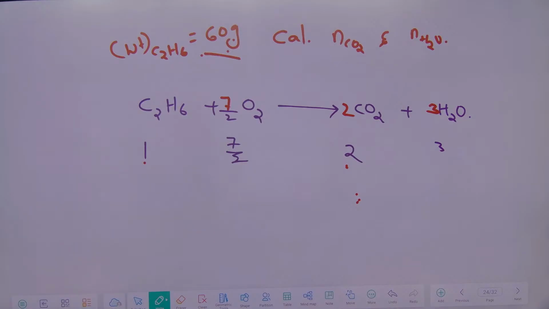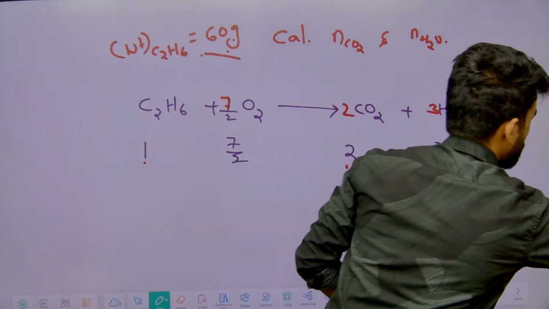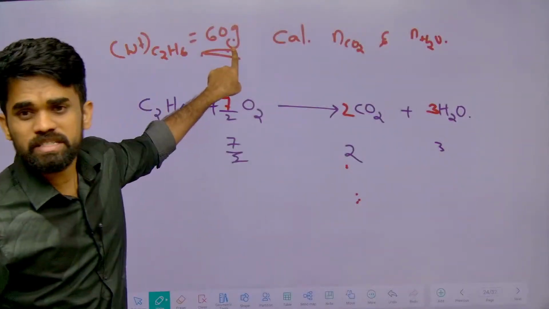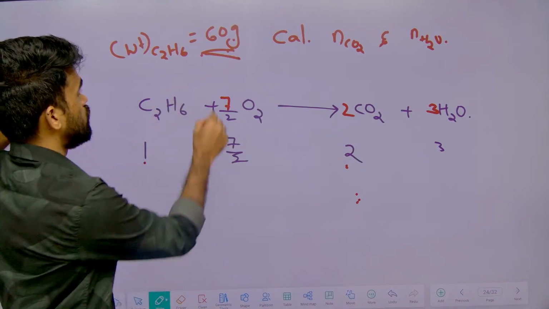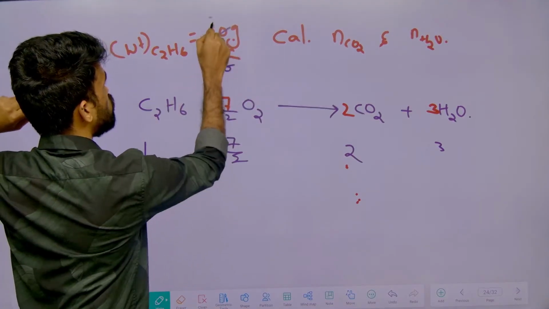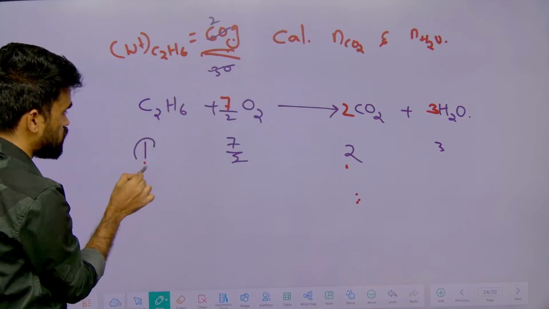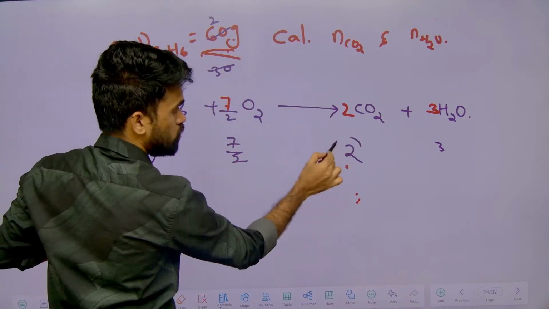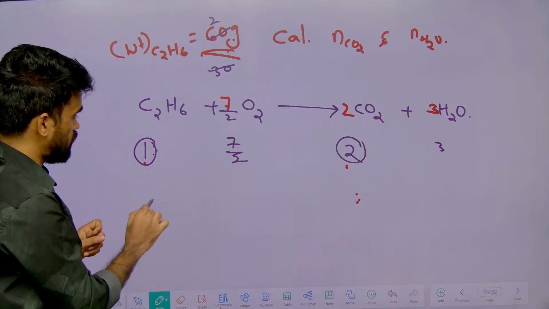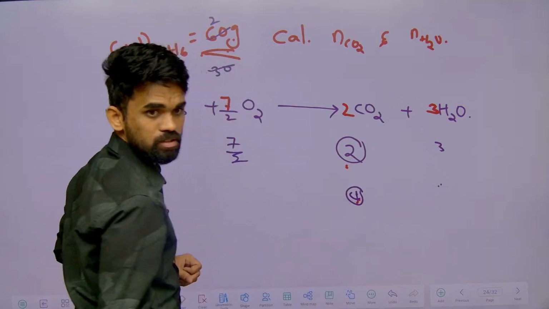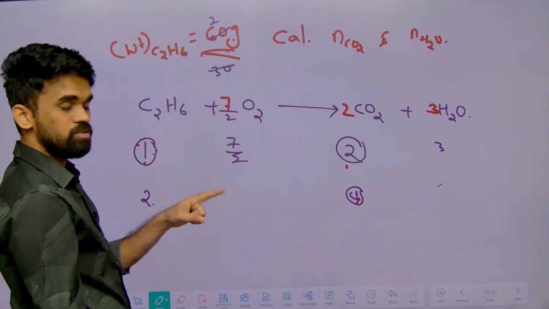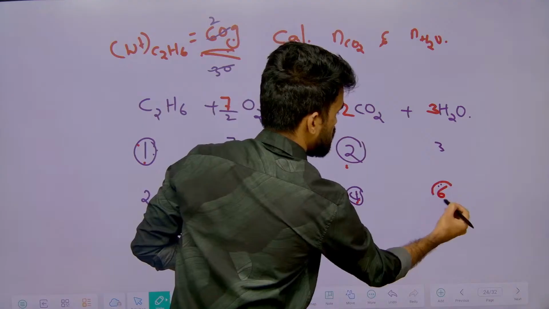Hmm? 4 moles of CO2. 60 grams is nothing but how many moles of ethane? So 60 by 30 means 2 moles of ethane we got. As per the question, 1 mole gives you 2 moles. Then 2 moles gives you 4 moles. This is 4. What about this one? 1 gives 3, 2 gives 6. So these are simple answers.